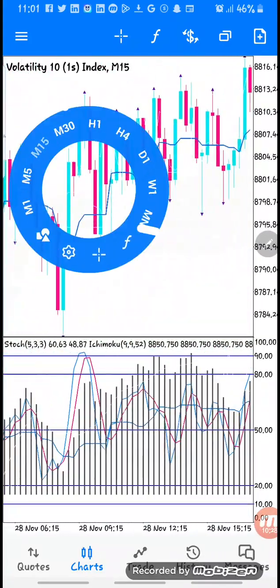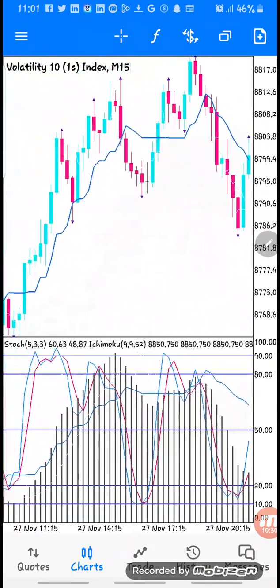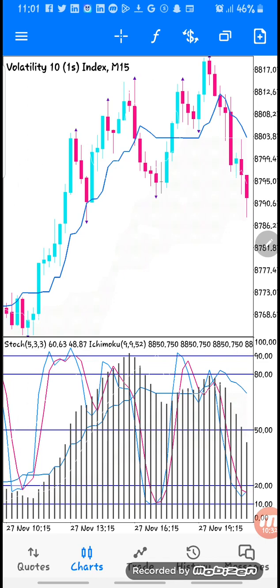This works. It works on volatility. It works on currencies, on all the currencies. Mostly Canadian pairs, CAD pairs, and USD pairs, and I think QE pairs, New Zealand, NZD pairs.